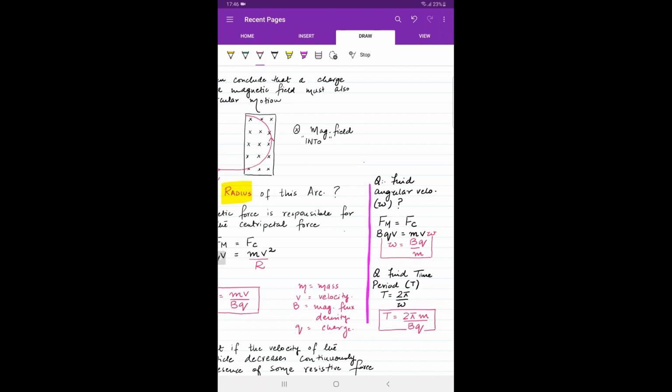Do establish one fact as well before I continue further, that the formula for the time period and the formula for omega, both omega and time period are independent of the radius.